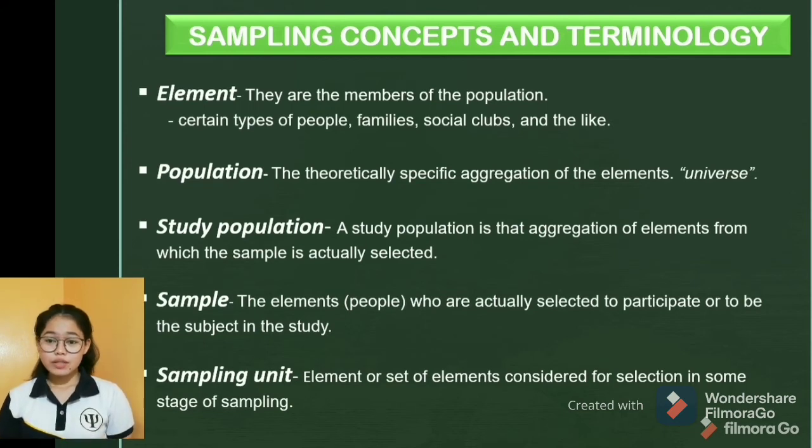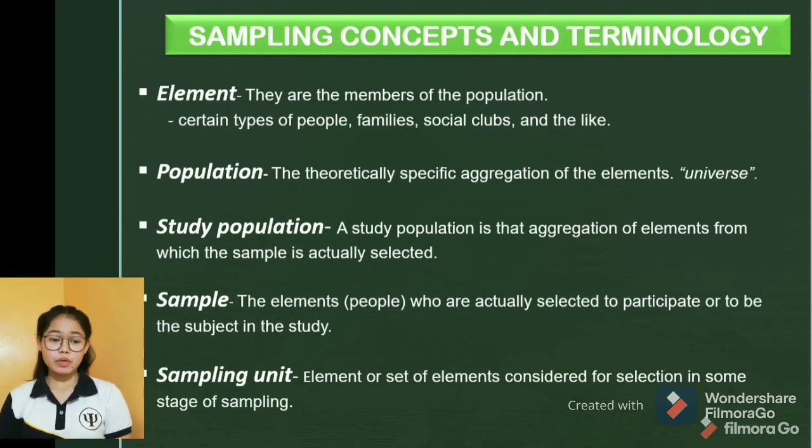Everything or everyone in the university is part of the population. Alongside, population is so-called the universe. As I have said earlier, population includes everything and population is a whole.